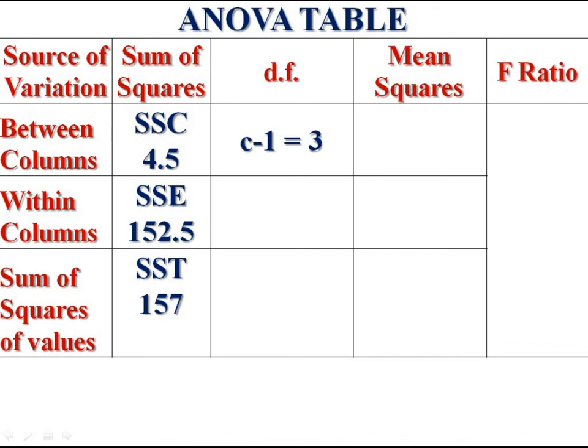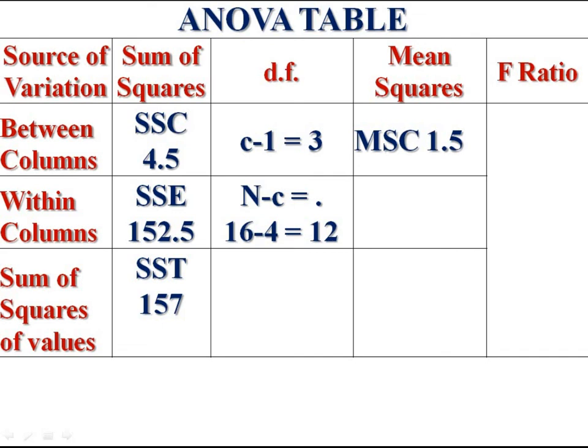Degree of freedom for between columns is number of columns minus 1, 3. Mean square is SSC divided by 3, 4.5 divided by 3, MSC 1.5. Then SSE 152.5. Degree of freedom is number of items minus number of columns, 16 minus 4, 12.